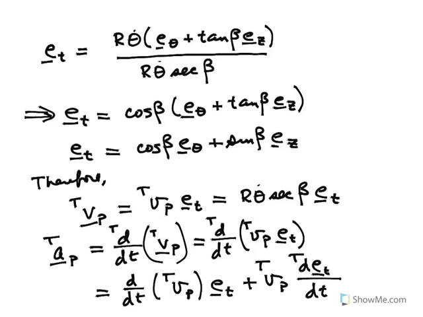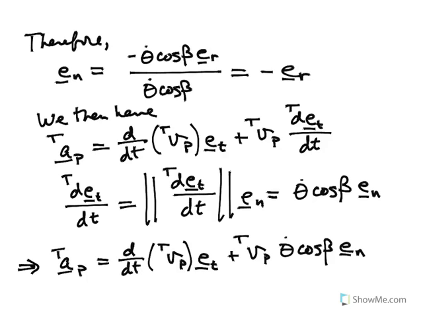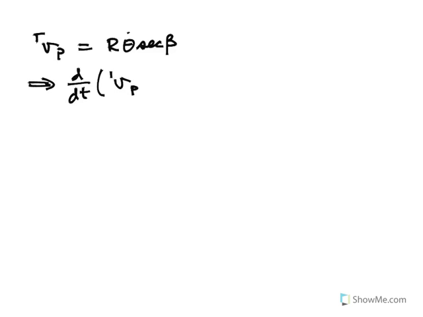We know that the speed is equal to r theta dot times the secant of beta. So Vp is equal to r theta dot times the secant of beta, which implies that the rate of change of the speed is equal to r theta double dot times the secant of beta, because beta is constant and r is constant.